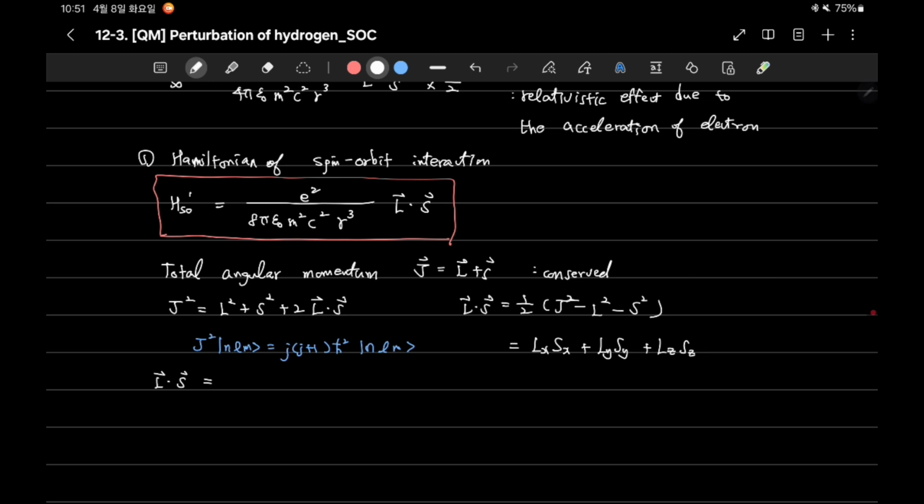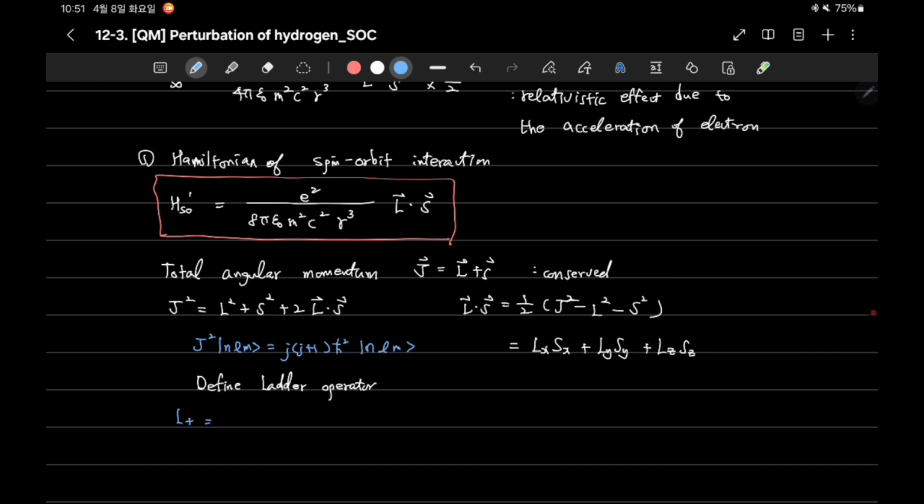In this case, we define the ladder operators.